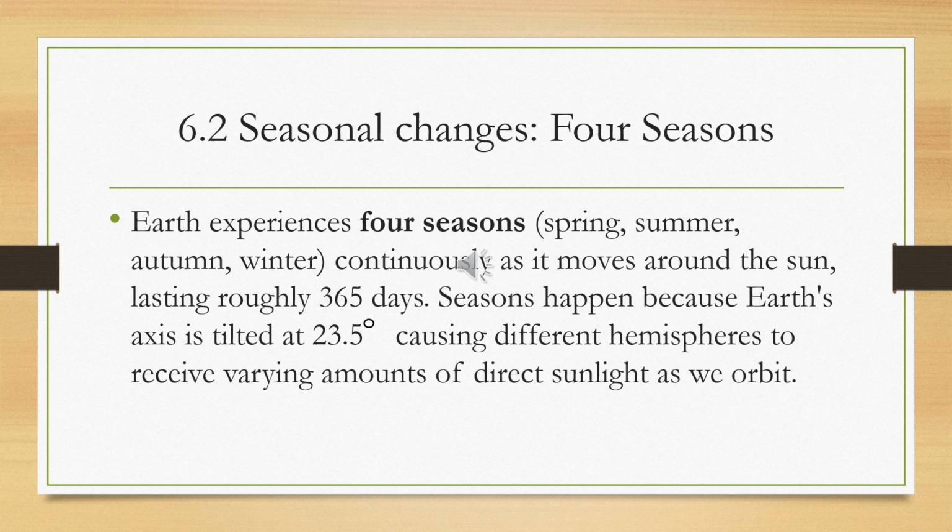Seasons happen because the Earth is slightly tilted at 23.5 degrees, causing the different hemispheres to receive varying amounts of direct sunlight as we orbit around the sun.